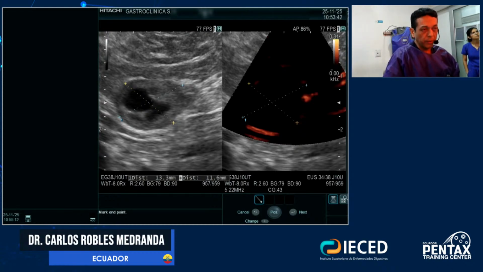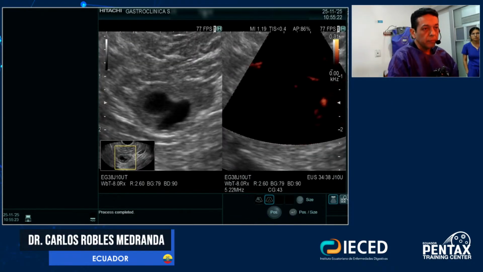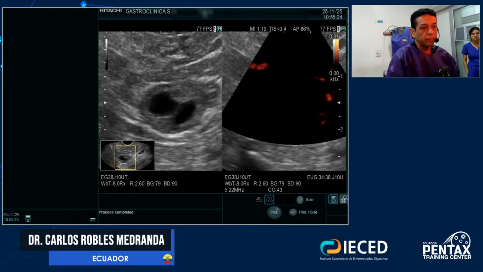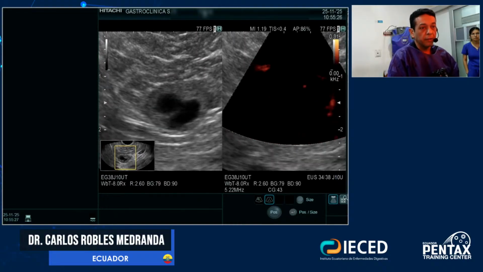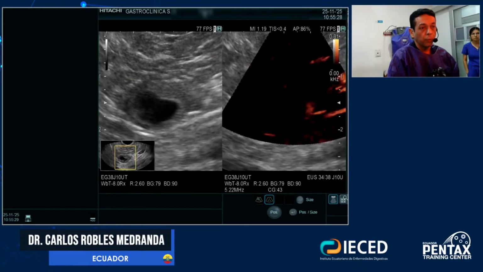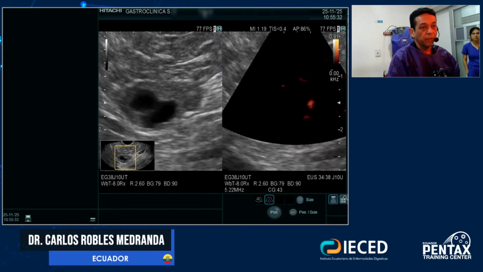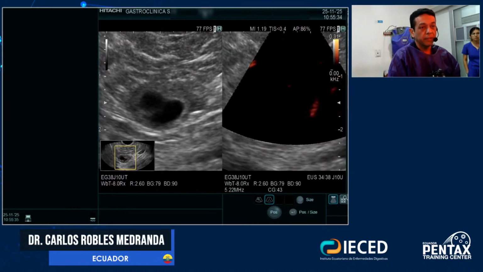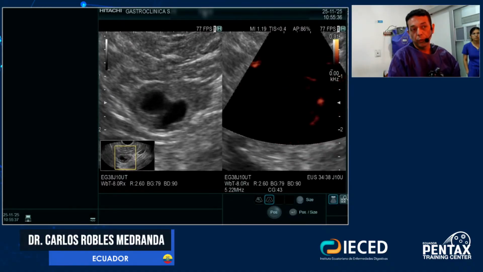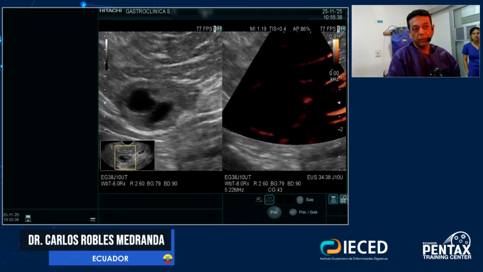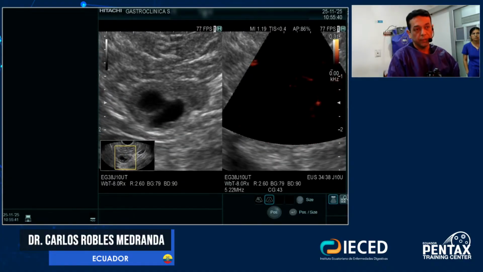And one of the things is what we can do with this lesion. To evaluate it, we have nowadays this technology called DFI, detective flow imaging. It works with the Hitachi Aloka or Fujifilm right now. It's a very nice technology that can show you the microvascularization without using contrast.